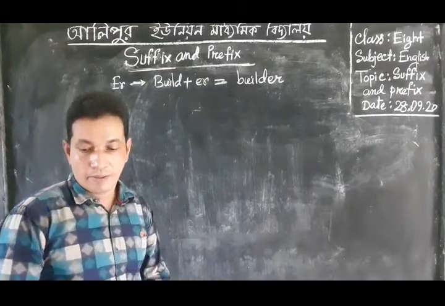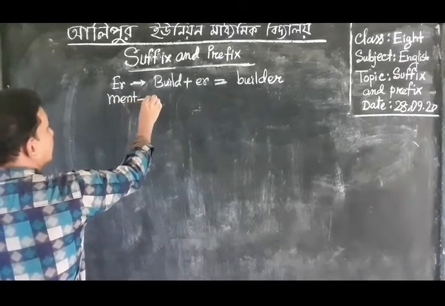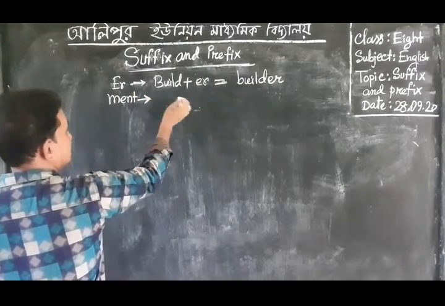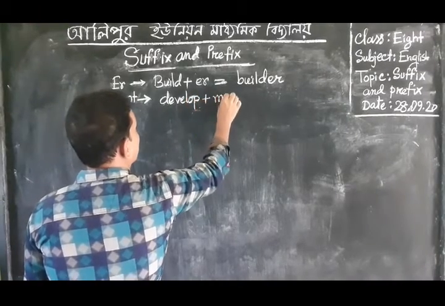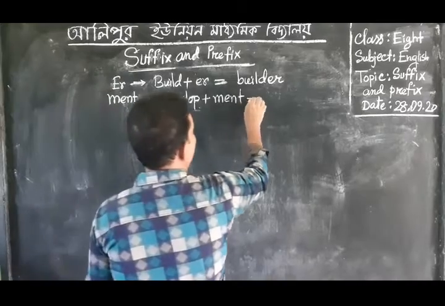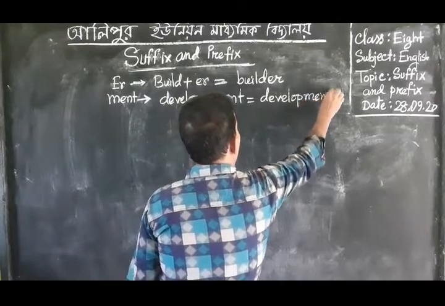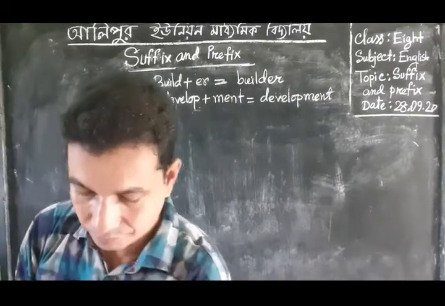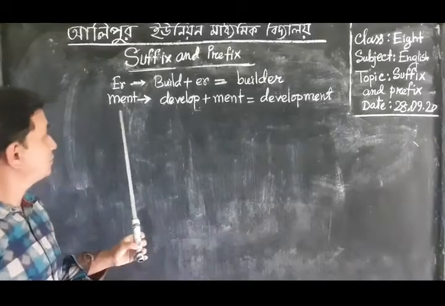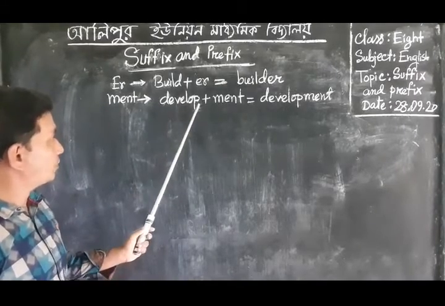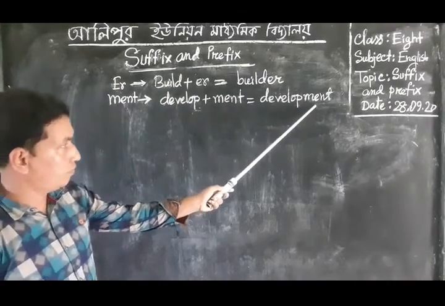Okay, dear learners. Next one, "-ment". "-ment" is a suffix, and at the end of the verb develop, we add "-ment", and the new word is development.